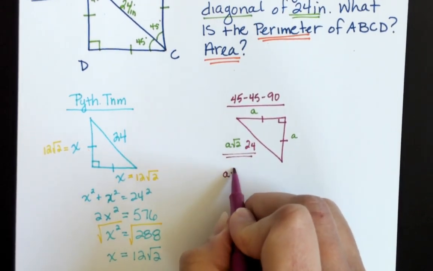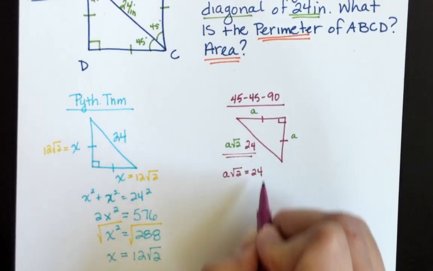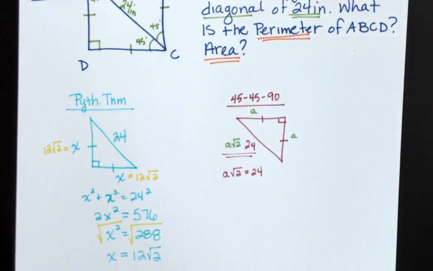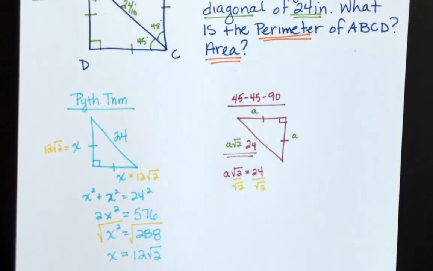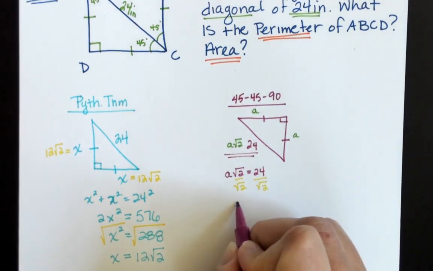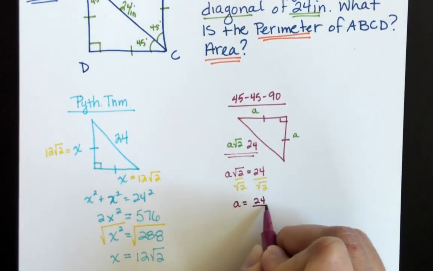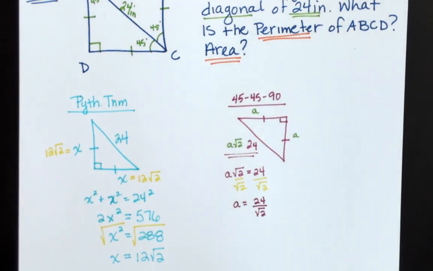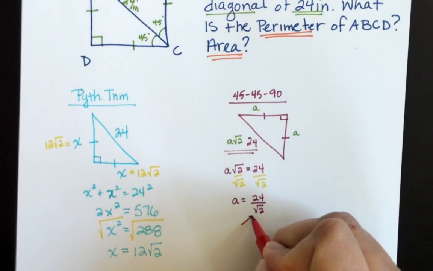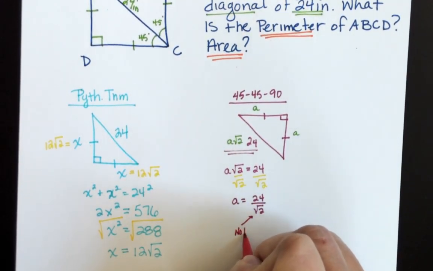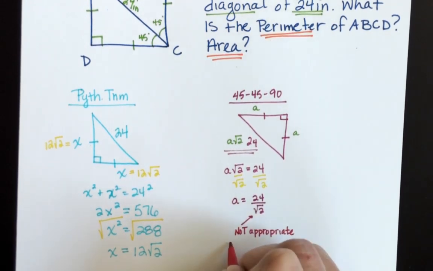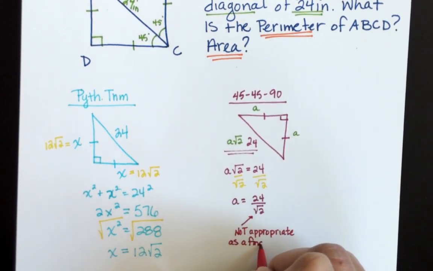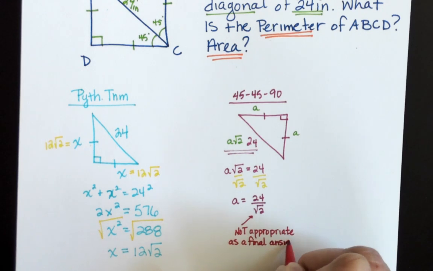So A radical 2 will equal 24. And we are going to divide by radical 2. And when we divide by radical 2, you cannot leave the radical in the denominator. That is not allowed. That is not appropriate as a final answer mathematically.